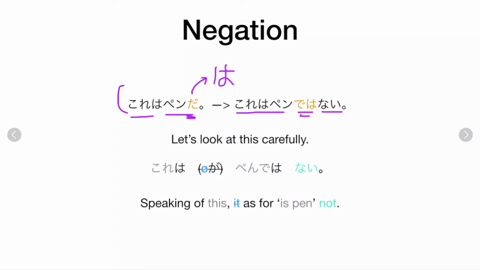So it takes this idea, kore wa pen da, and says, as for kore wa pen da, nai. Okay, that's how this is working. So you change the da to de, which is connective form, and then you add wa to say, okay, speaking of the topic, kore wa pen da, nai, it's not.